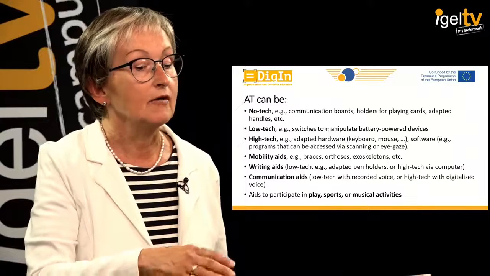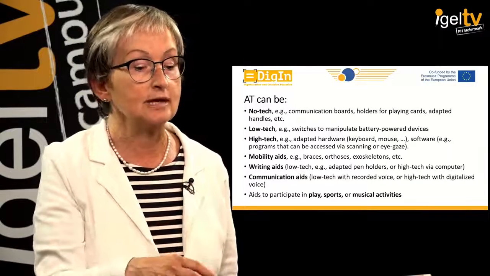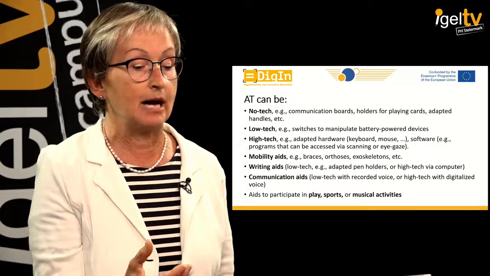He or she might use a card holder to be able to play cards with other persons, or using adapted handles to manipulate kitchen aids. So we have no digitalization at all, but it's still assistive technology. A typical example for low-tech assistive technology would be switches to manipulate anything that's battery powered.